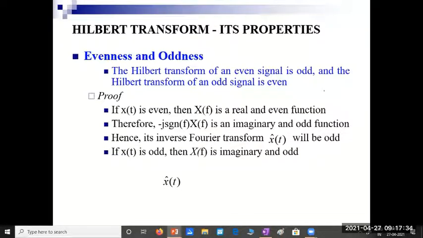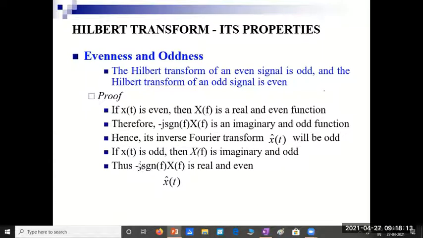Similarly, you can prove it for the given signal being odd. Say if x of t is odd, then its Fourier transform will be odd and imaginary. So if I try to find the Fourier transform of the Hilbert transform, x cap of f is minus j signum of f into x of f. Already the given signal was imaginary.